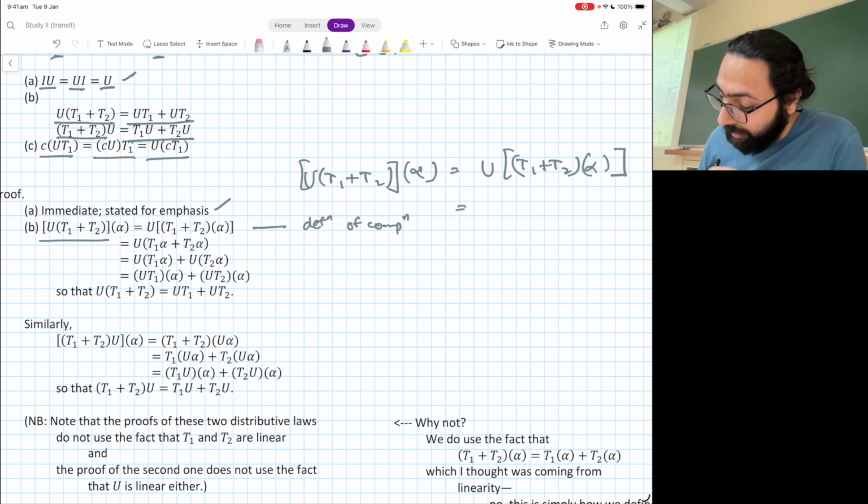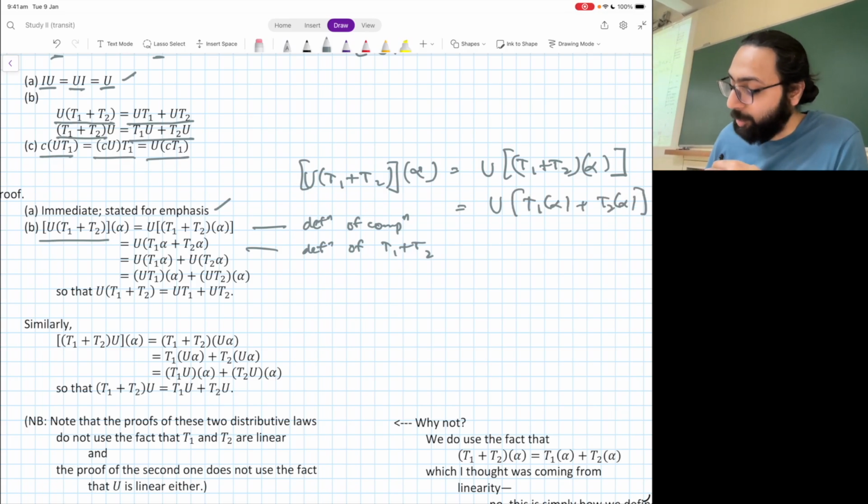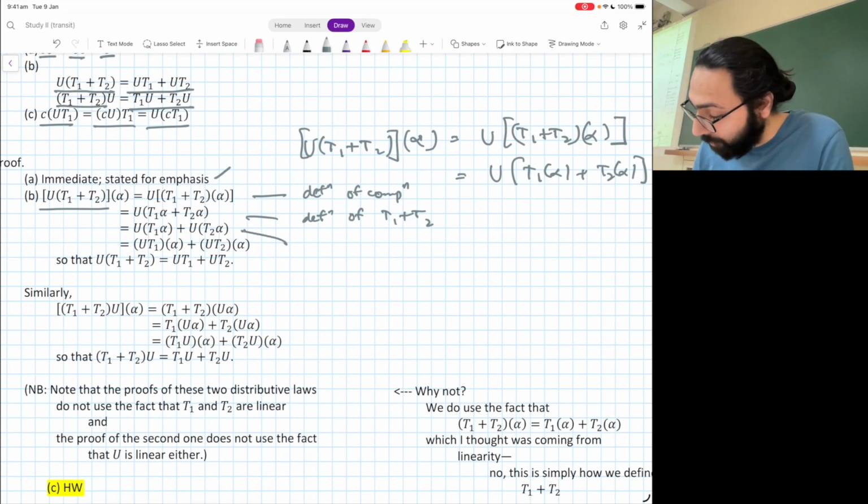The next step is applying the definition of T1 plus T2, which was just T1 alpha plus T2 alpha. This stuff is very boring, but I promise this is probably the only ultra boring thing to do here. The rest of it should hopefully be more interesting.